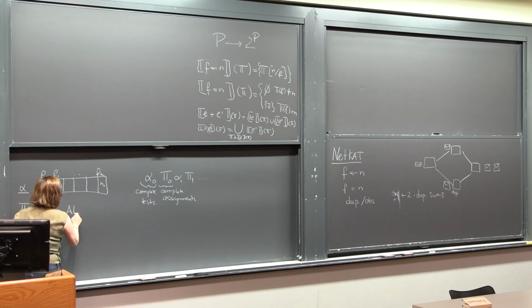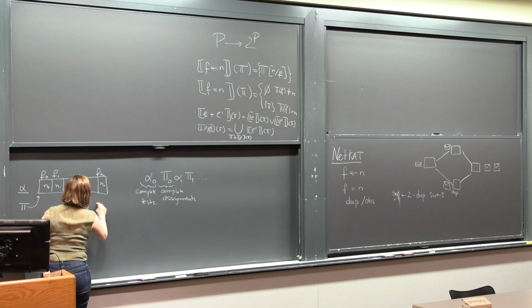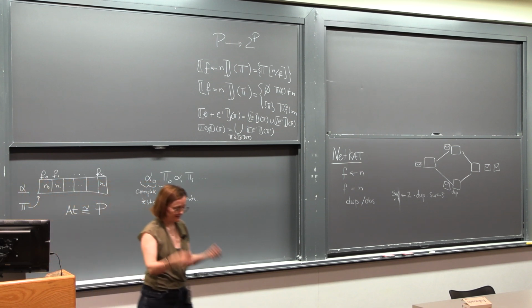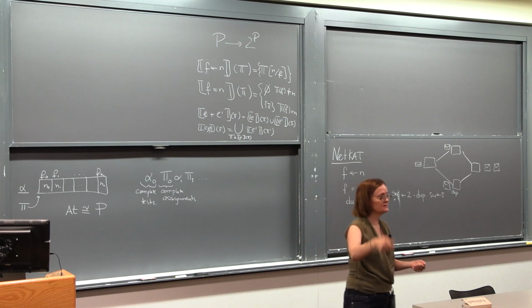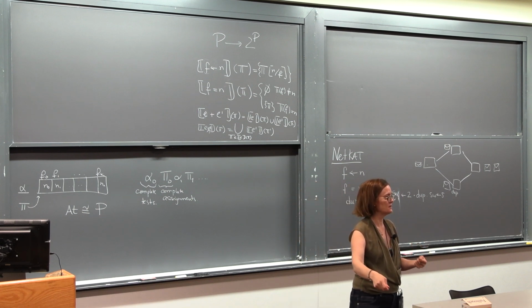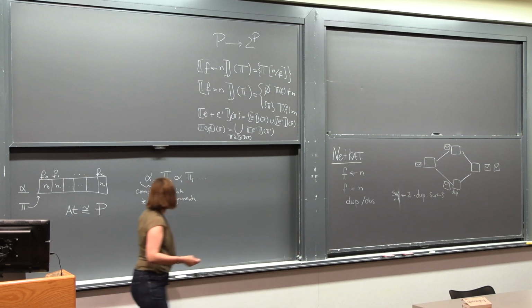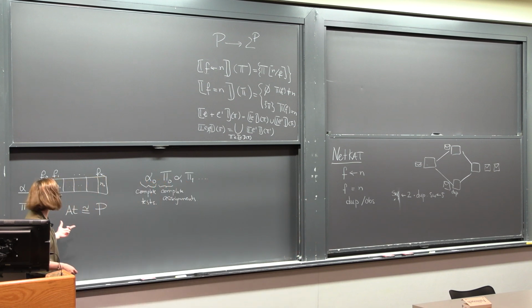So in the case of netcat, atoms are isomorphic to actions. The set of atoms is isomorphic to the set of packets. Why? If I tell you for every field what I'm going to write in it, that's in one-to-one correspondence to telling you for every field what you can test in it. It's just a change in perspective. So it's an isomorphism. In the netcat papers, we sometimes switch between the two without justifying it, but we try to be consistent so that you know if we're assigning or testing.